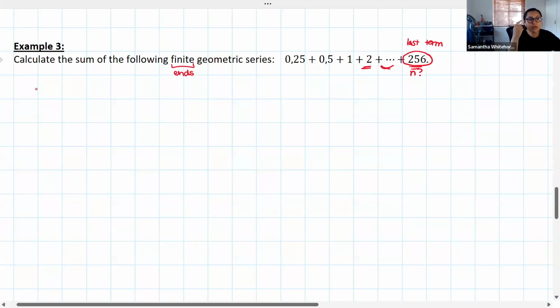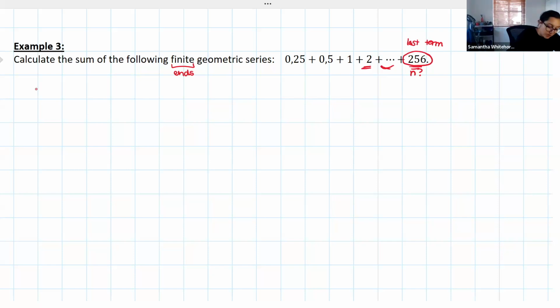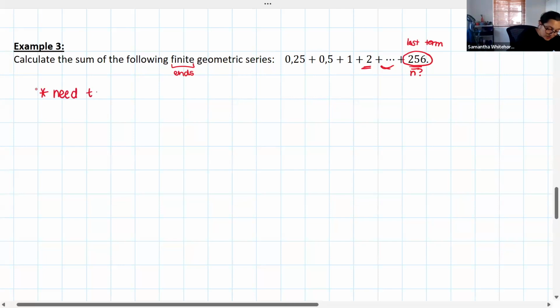And so we just need to read questions carefully when we do get them, because I'm not going to necessarily break this down for you and say, work out how many terms are in your series, then go work out your sum. I could just give you this, and you need to see that because I haven't told you how many terms you're adding together, that is the first thing that we need to go and work out. So the first thing we need to do is determine how many terms are in the series.